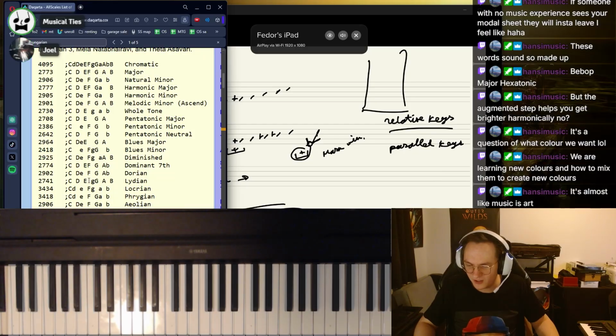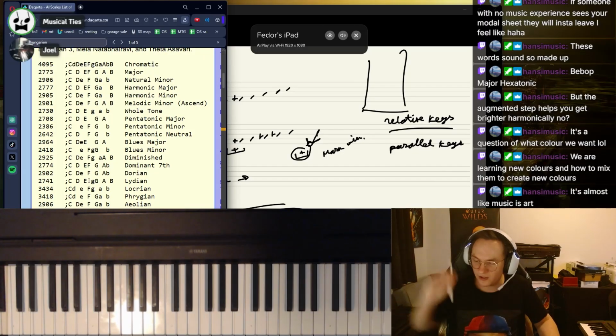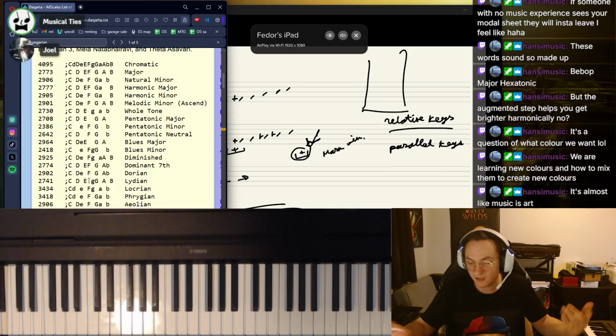I wonder where things stay true outside of Western theory and which things do not. Which things are just self-contained, where it's like, hey, this is a nice way of looking at things, but it will not help you if you leave the realm of this particular genre.